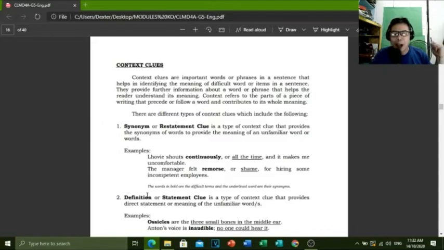Now, how do we know, how can we find the meaning of that word continuously in the sentence? So, eto, naka-underline na, di ba? All the time. So, meaning, continuously means all the time. So, it is an example of a synonym.